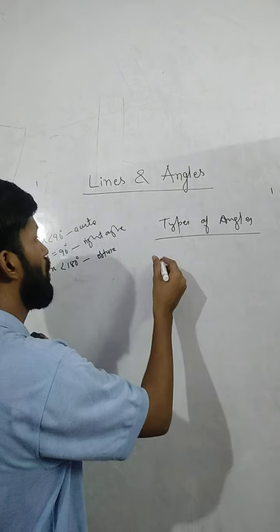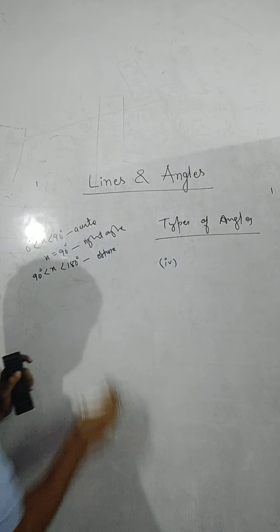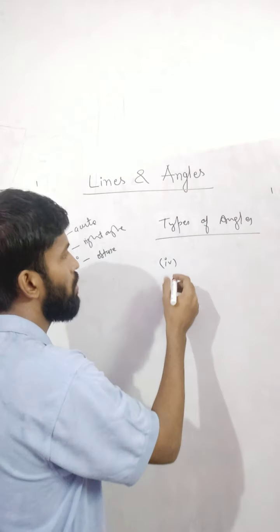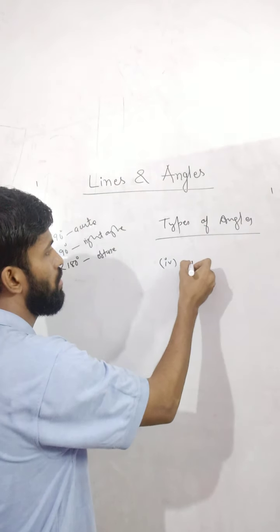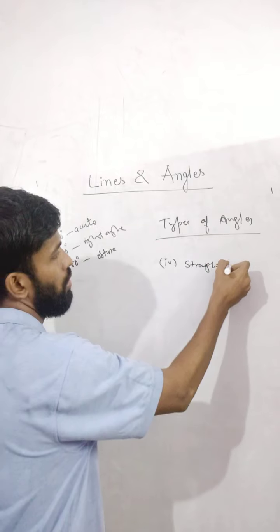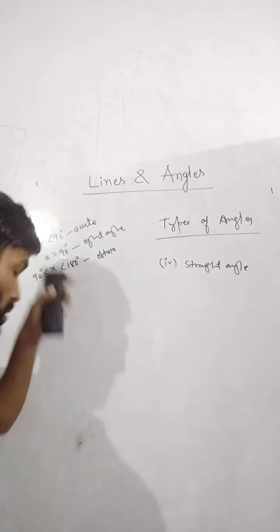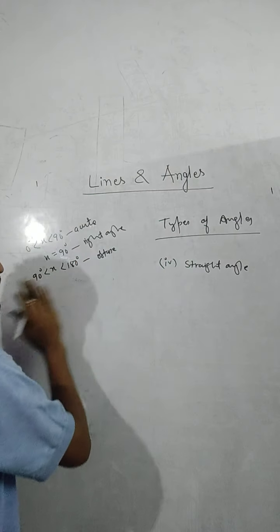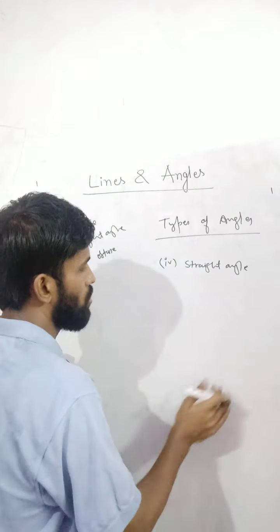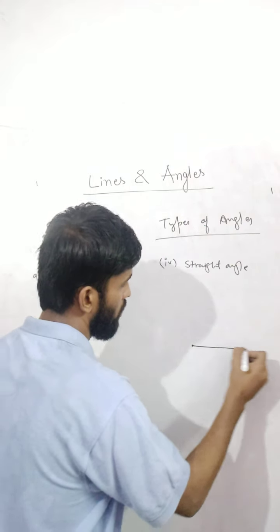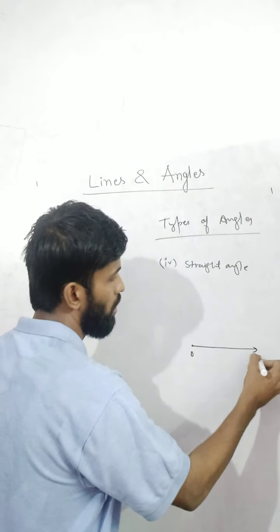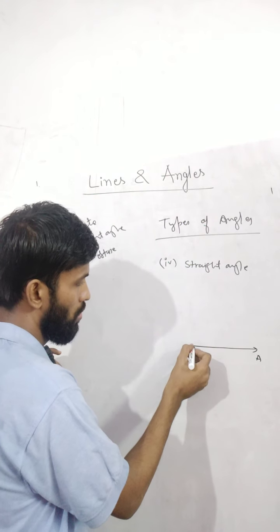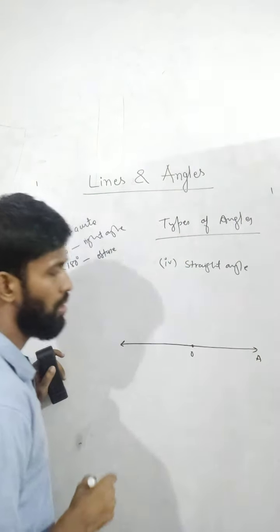The next type of angle is exactly 180, a straight angle. So what is a straight angle? An angle of exactly 180 degree is known as a straight angle. Like this, this is ray OA and another ray which originates from the same point O. Let's say this is OB.